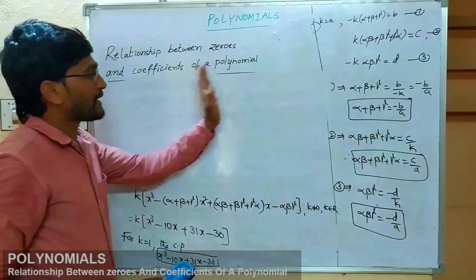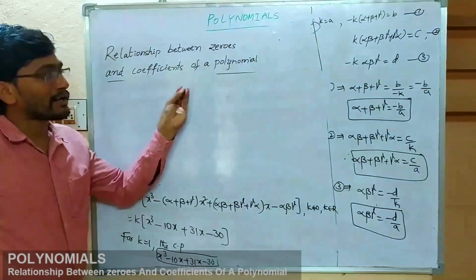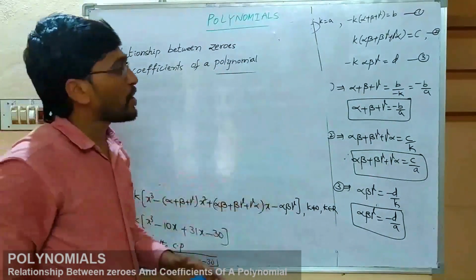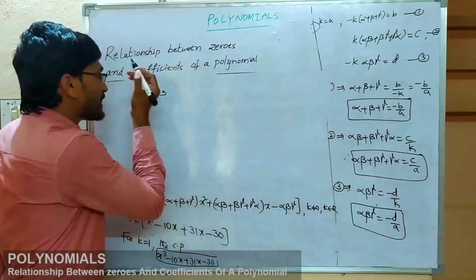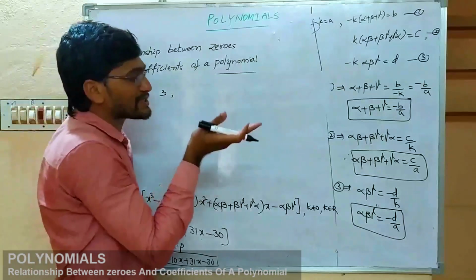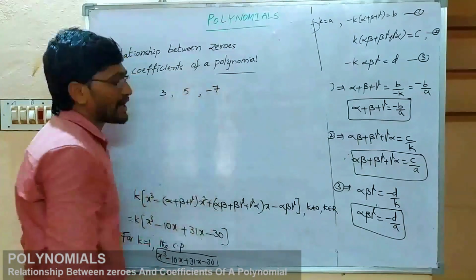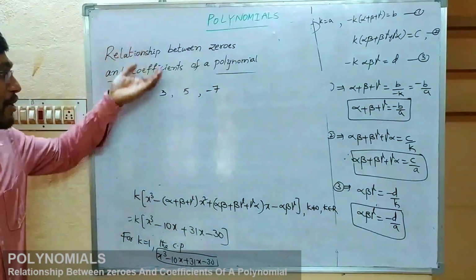Here the alpha, beta and gamma values are given directly. Find the cubic polynomial whose sum of the zeros is 3, sum of product of zeros taken two at a time is 5, and product of the zeros is minus 7. How can we calculate?